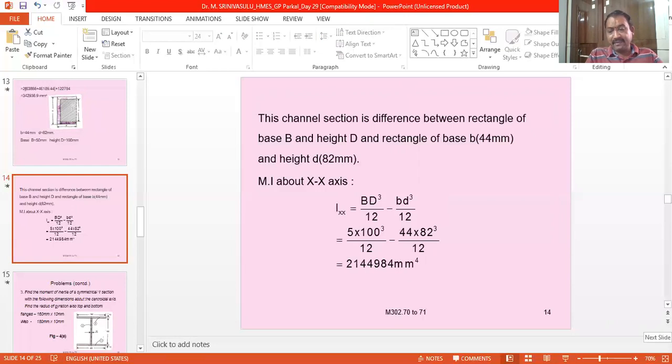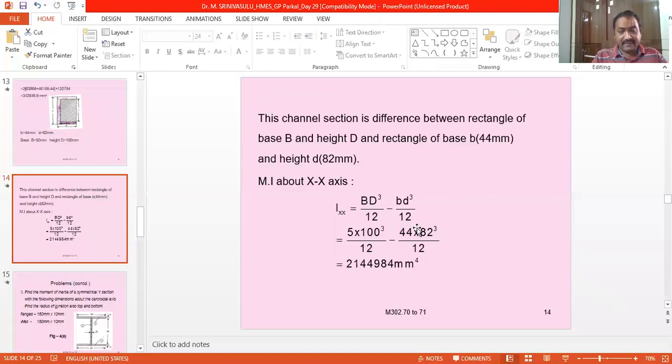This is the value of the moment of inertia of the given channel section about the x-axis. We followed this method because the given figure is symmetrical about the x-axis, which means the x-axis divides the figure into exactly two equal halves. If it is symmetrical about the y-axis, then in that case also we can find it by following the same method.